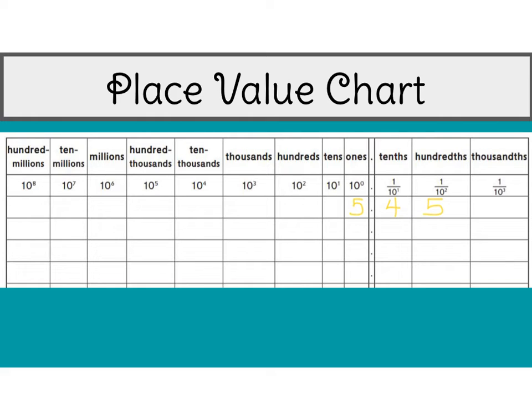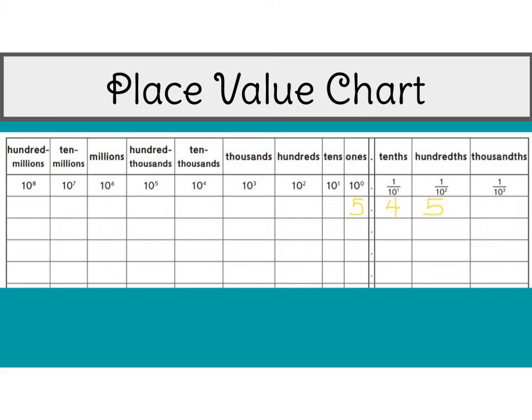So as we look here at the place value chart, of course we have 100 millions down here at this end, and we go all the way to thousandths in decimal form. We also, with this particular chart, can see that if I were in the 100 millions place, that would be 10 to the 8th power as an exponent. 10 millions would be 10 to the 7th, millions would be 10 to the 6th, and so on.